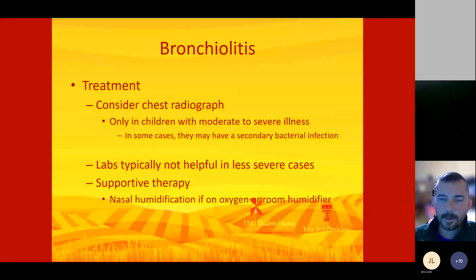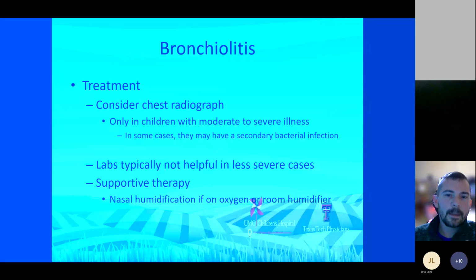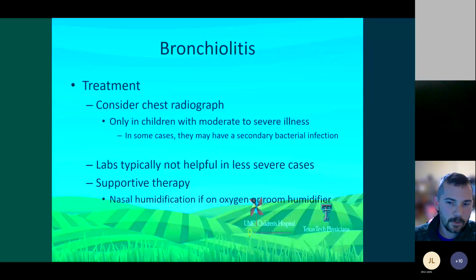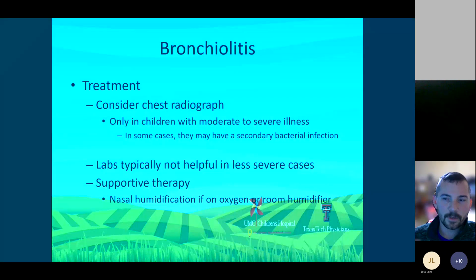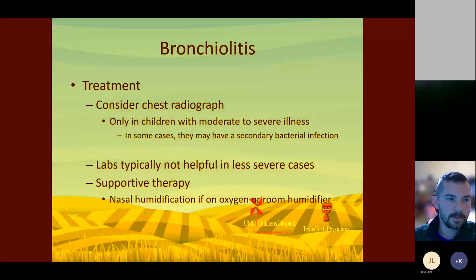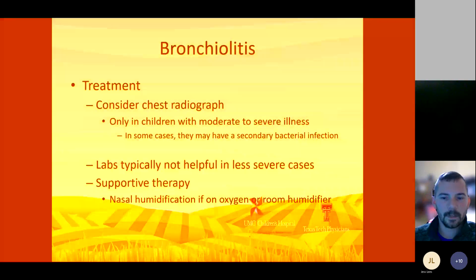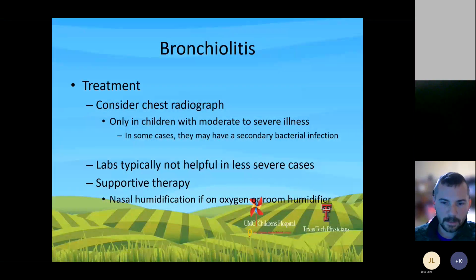You get one and it comes back in the 80s or 90s. Well, then you probably have a problem, and increased CO2 can actually cause increasing or worsening hypoxia in infants. So you have to consider that there could be air trapping or elevated CO2 in infants when you're seeing hypoxia, and they may need increased modes of ventilation, high flow nasal cannula, et cetera, to help ventilate them a little better and hopefully prevent getting intubated in the future.